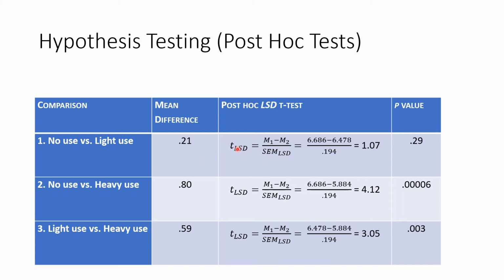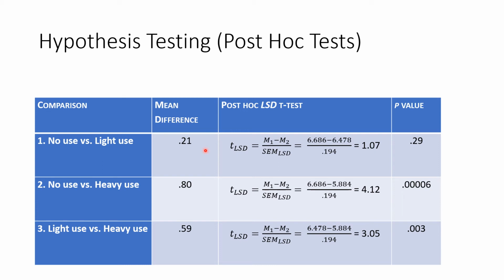And we do a Fisher's LSD t-test. This is just like the t-test that you've done before. It's using a slightly different denominator than some of the other t-tests. But basically, it's just doing a t-test to determine the probability that this difference could occur due to sampling error. And you get a p-value of 0.29, which is not compelling evidence.